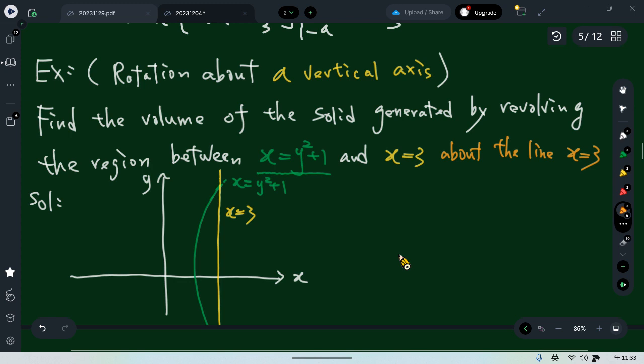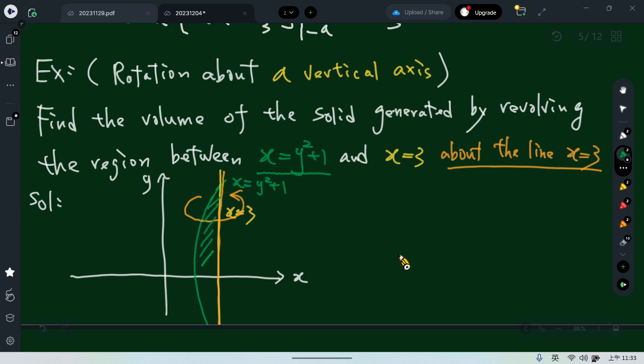Luckily, the rotation will follow the line. So the line is here, the same one, and then we rotate. You can see this time the rotation axis is not just the x-axis or y-axis.